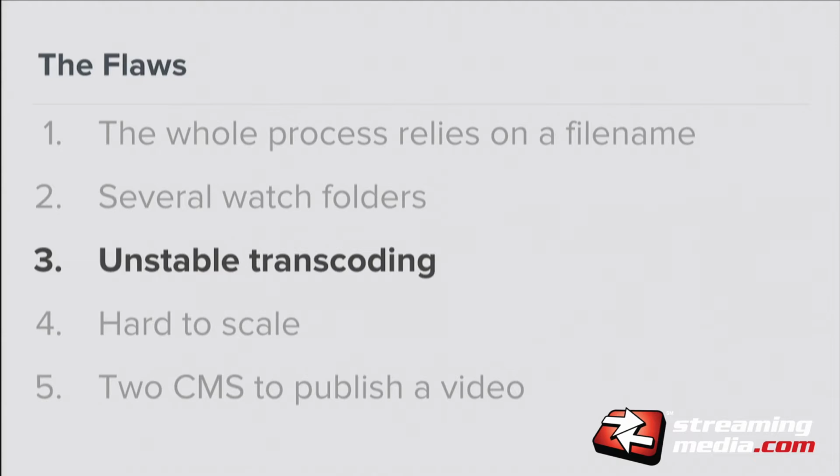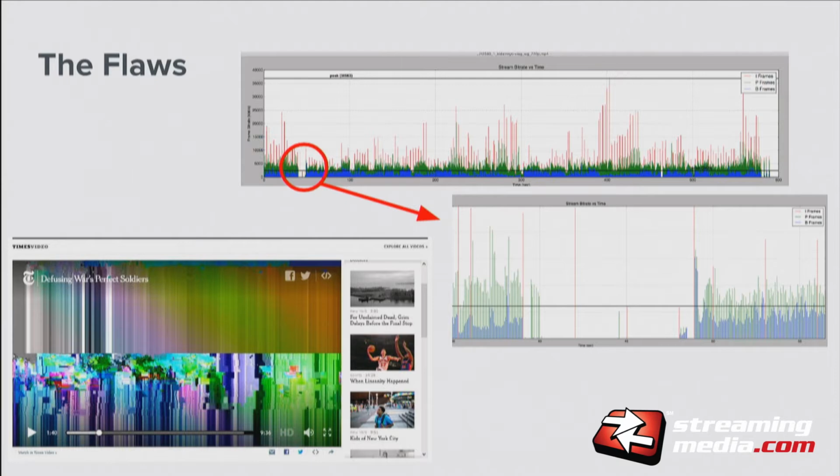Another flaw was that we had a very unstable internal transcoding system. Those are graphics where we use FFprobe to plot all the frames through the video. And this vendor, whose name I'm not going to mention, quite often came up with that result.